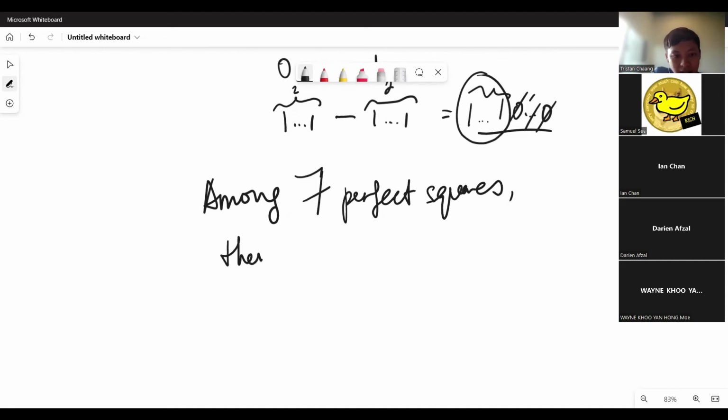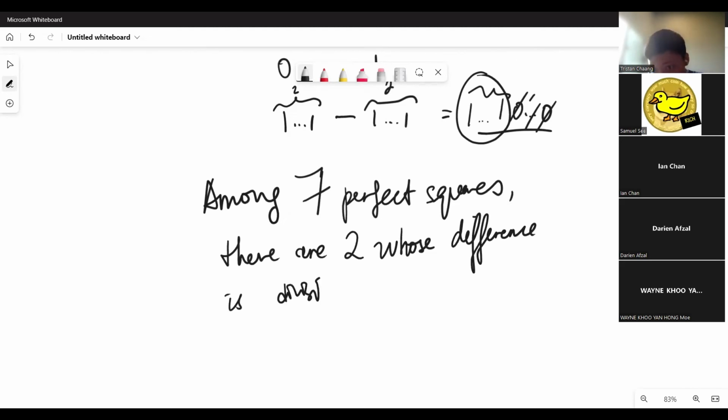Among 7 perfect squares, there are 2 whose difference is divisible by n. Okay, take the squares mod 10. What do you get? Take the squares mod n.